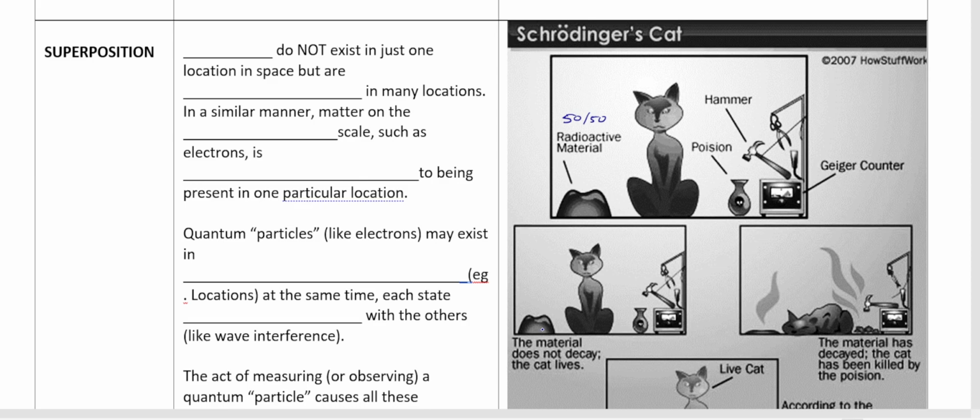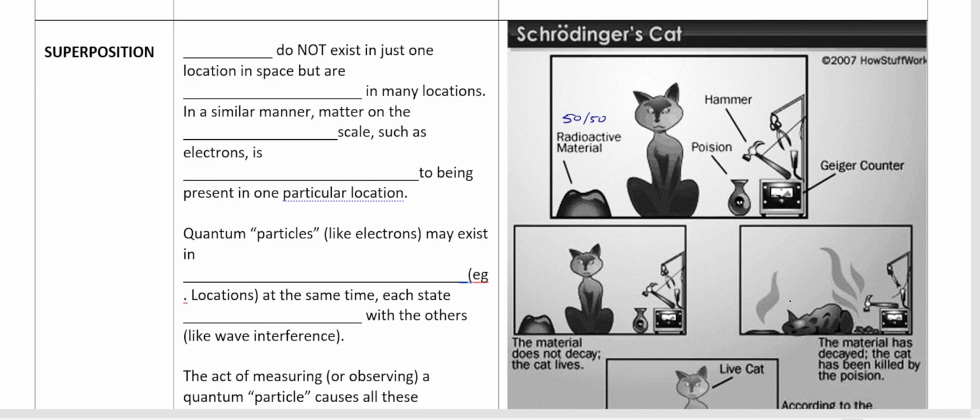And if it doesn't decay, it does not trigger the Geiger counter, and so the poison vial is not broken by the hammer. So if the material does not decay, the cat is alive. But if the material, in fact, does decay, then a particle will come out of the radioactive material. It will trigger the Geiger counter. The Geiger counter causes the scissors to close, snips the wire, the hammer falls on the vial of poison, and the poison kills the cat.